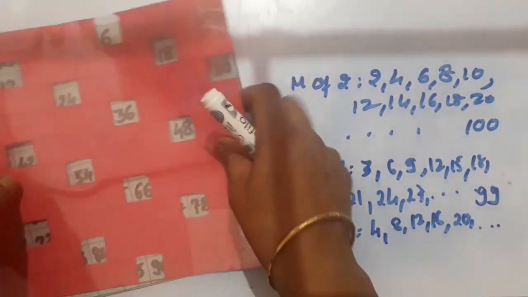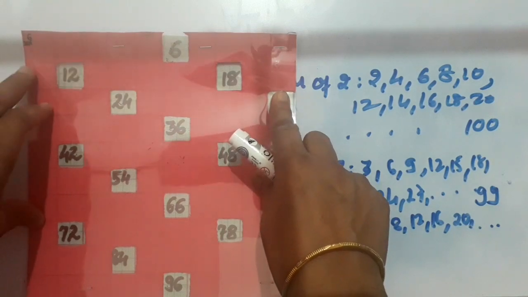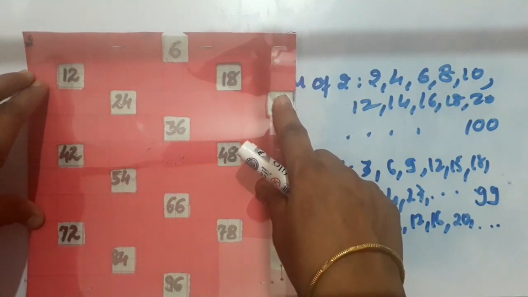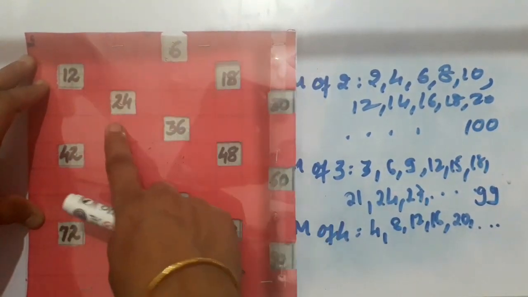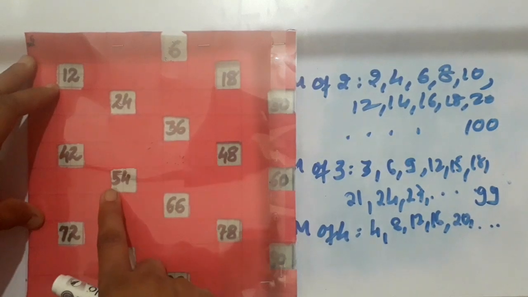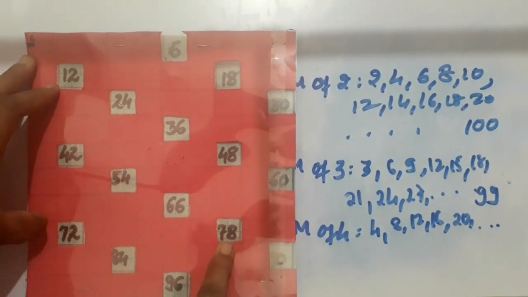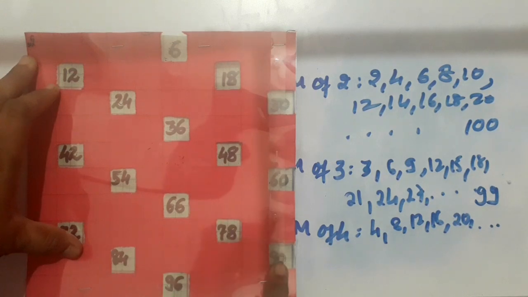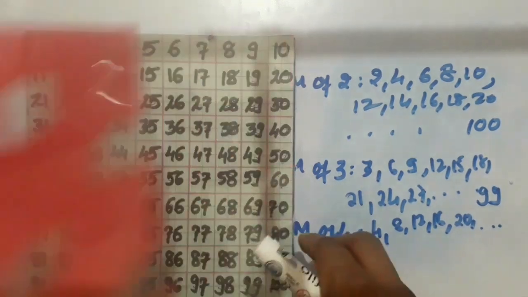So I have placed one more grid above that base. So here you can see the numbers 6, 12, 18, 24, 30, 36, 42, 48, 54, 60, 66, 72, 78, 84, 90 and 96. They are all multiples of 6.